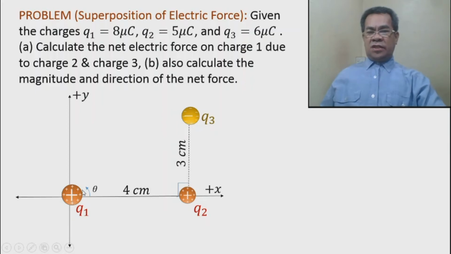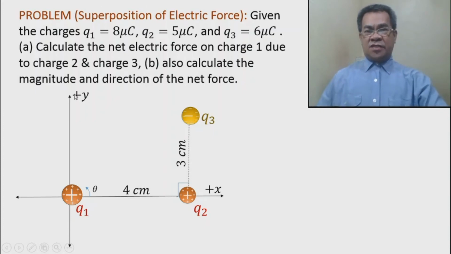If we have two interacting charges, then we have one force, but because we have another charge, we have another force. The number of charges surrounding the charge will be the number of forces acting on that charge, because each charge exerts a force on charge 1. So we call this the superposition of electric force.